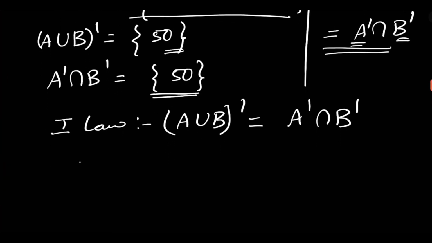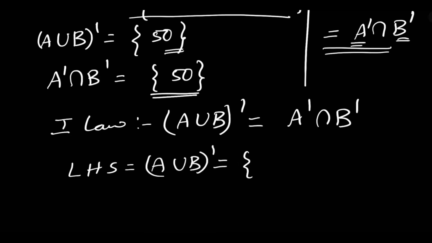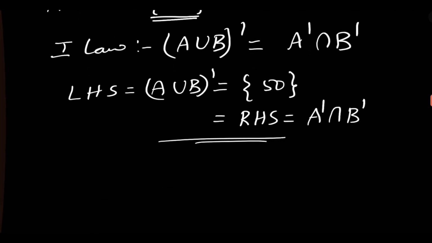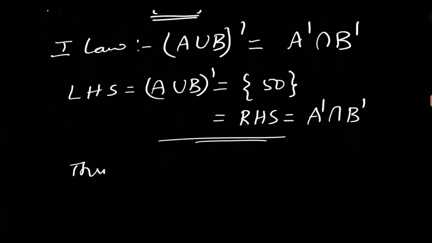So LHS, A union B the whole complement, is equal to 50, which is equal to RHS, A dash intersection B dash. Thus, first De Morgan's law verified.